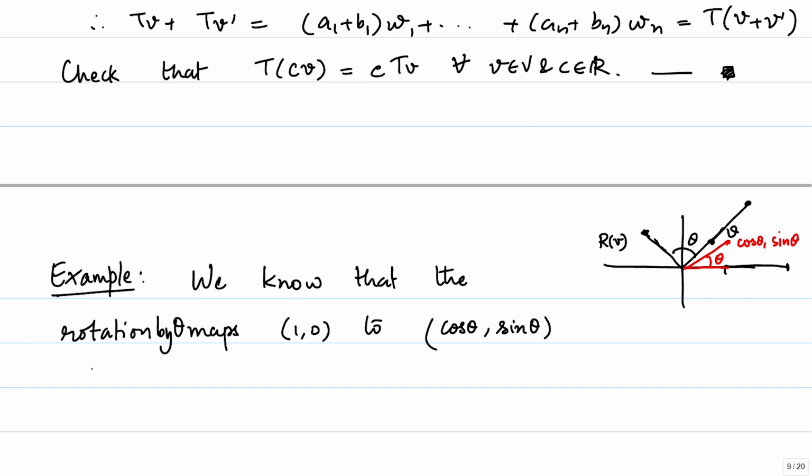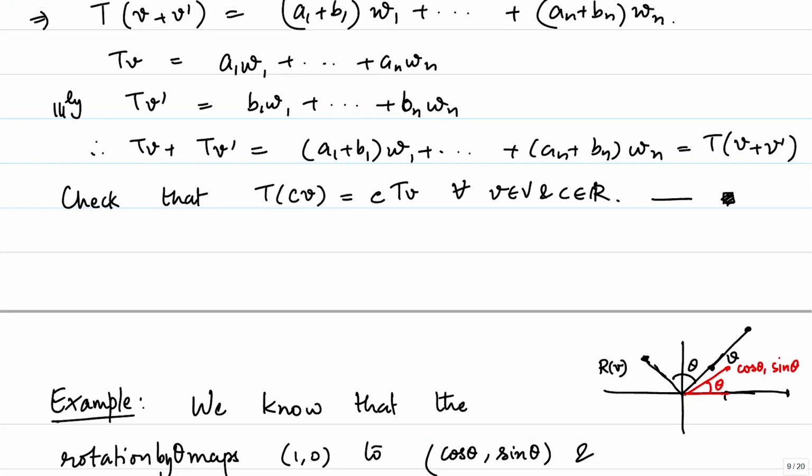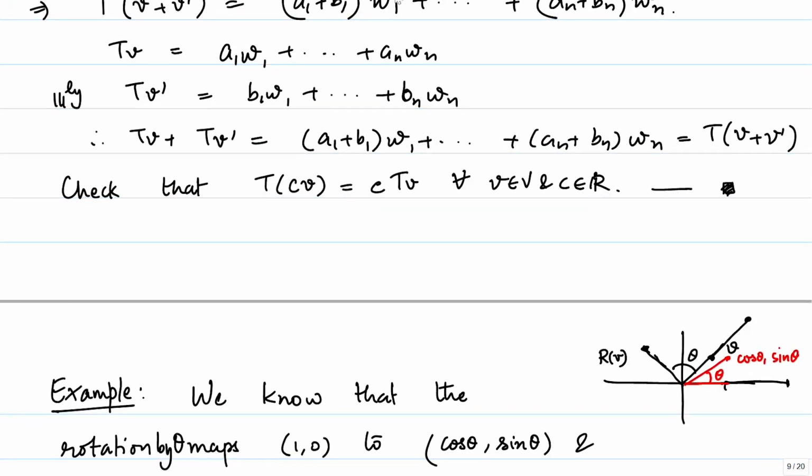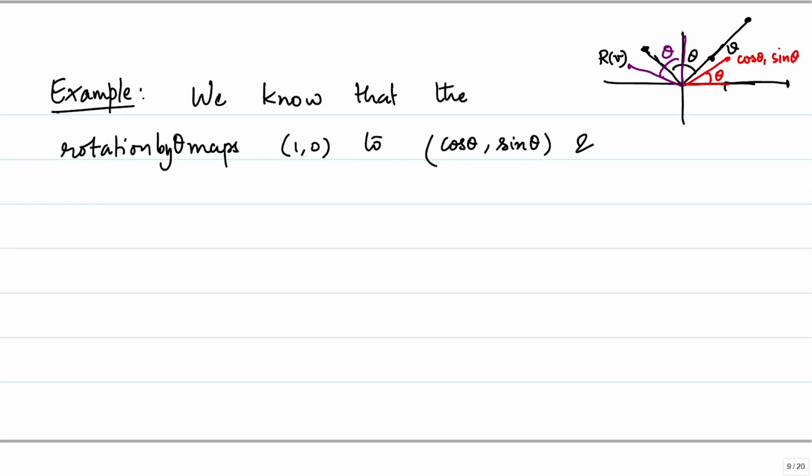And we also know what it maps (0, 1) to. So (1, 0) was mapped to (cos theta, sin theta). Let's see, this is our (0, 1), it gets mapped to something like this, and this is just going to be cos of (pi by 2 plus theta), which is minus sin theta, and sin of (pi by 2 plus theta), which is cos theta.